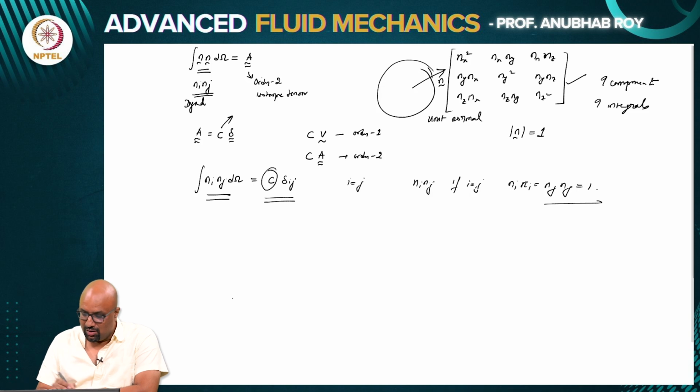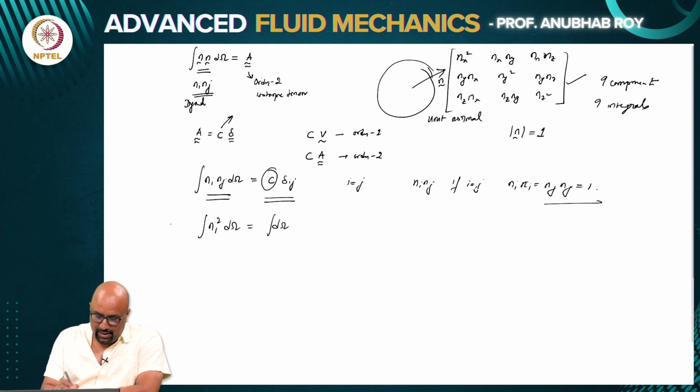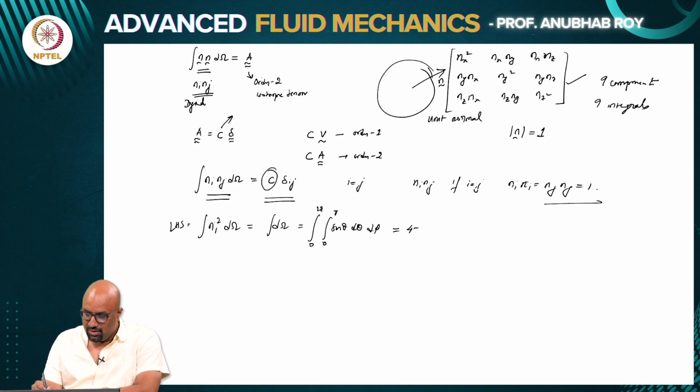The length is always 1, which means if i is equal to j, the left hand side is the integral of d omega, and d omega is sin theta d theta d phi, theta going from 0 to pi, phi going from 0 to 2 pi. So, it is the integral over the entire solid angle of a sphere, which is 4 pi.